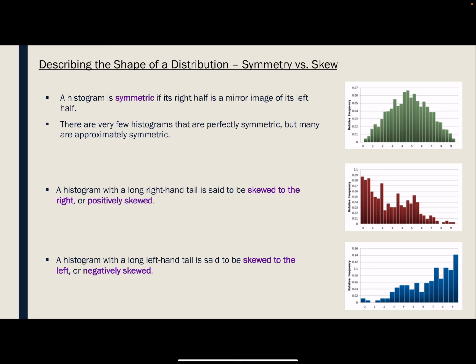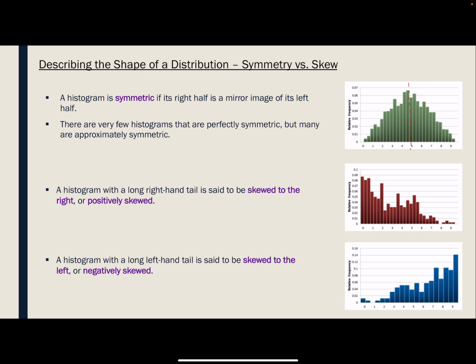Looking at symmetry versus skewed, we have three histograms here. The first one, the green one, is symmetric, and it's symmetric because if we were to put a line down the middle, it would be approximately the same on both sides. Now I know that when you took an algebra class and talked about symmetry, it was perfectly the same on both sides.